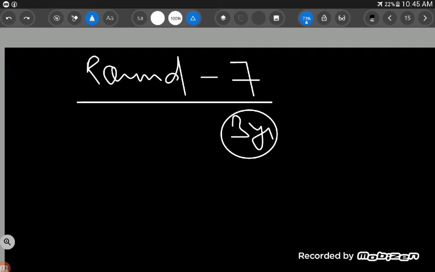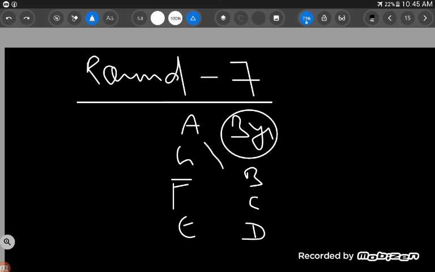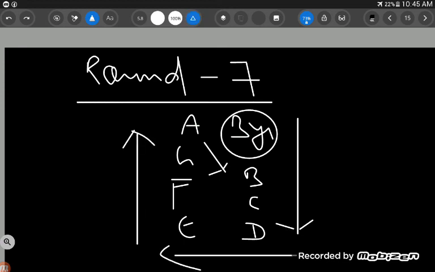So B will come at the place of C, then C, D, E, F, G and A. Draw an arrow for the rotation, indicating rotation of the clock. In the last round, which team is getting the bye here? Team A. G will play the match with B, F versus C and E versus D.